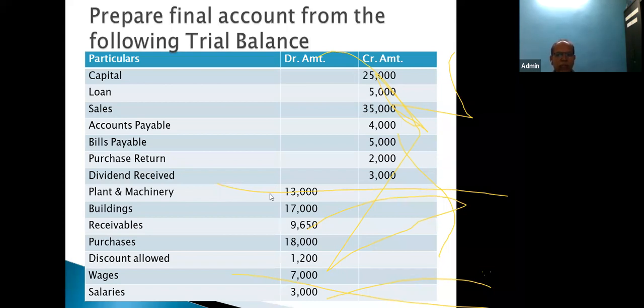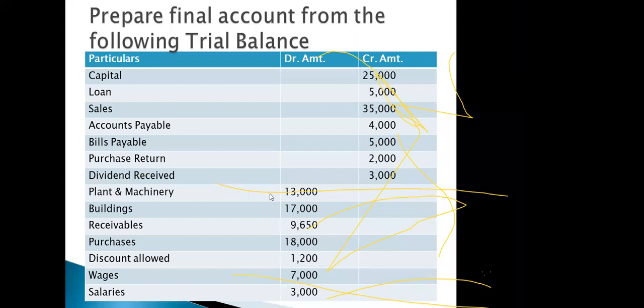So for that purpose, before the amount column, write 13,000 inside. Plant and machinery, balance sheet asset side, in the first column write 13,000. Done with this? Yes, sir. Okay.